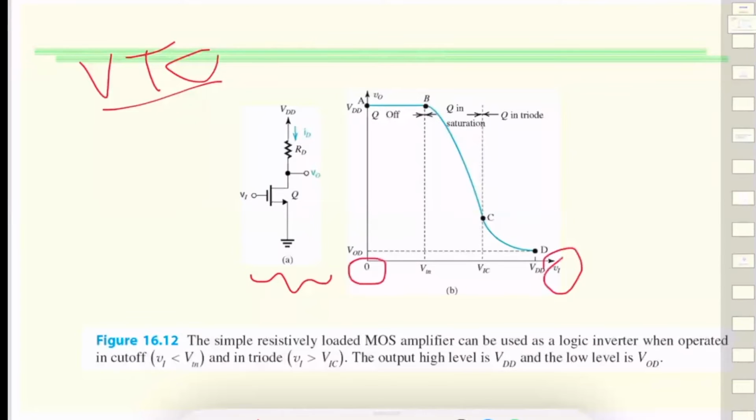the input voltage is close to 0, and especially it's less than the threshold voltage. In that case, the transistor is off and the drain current is 0.